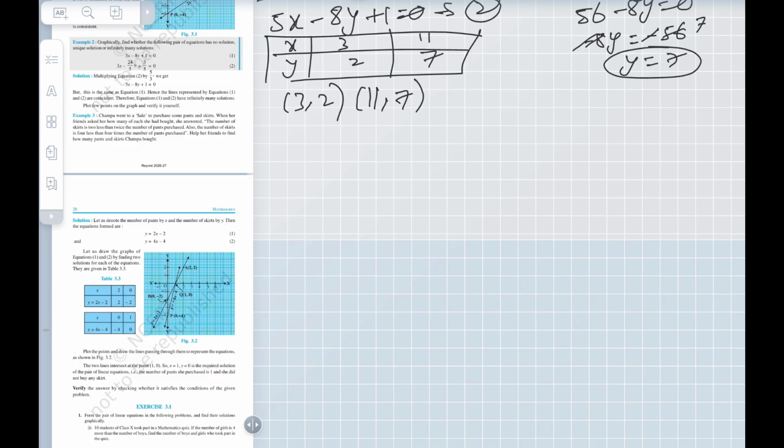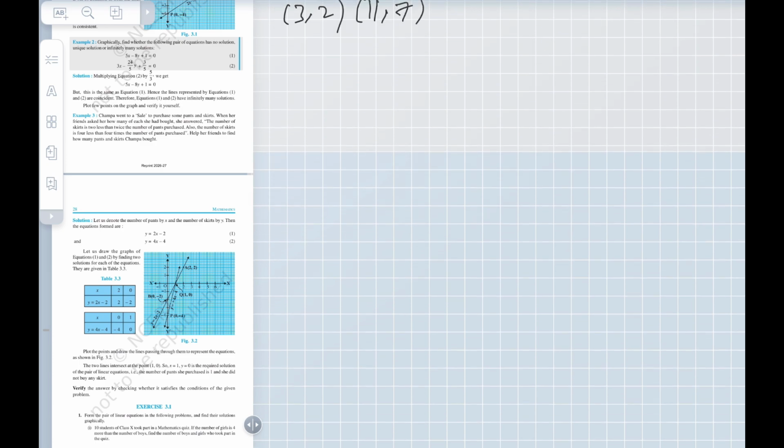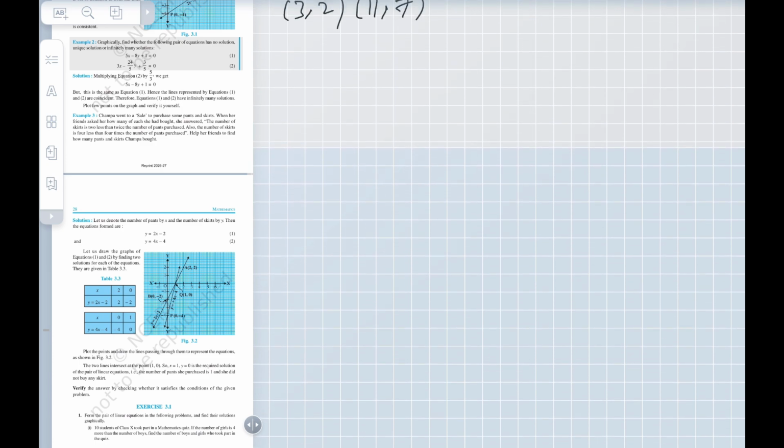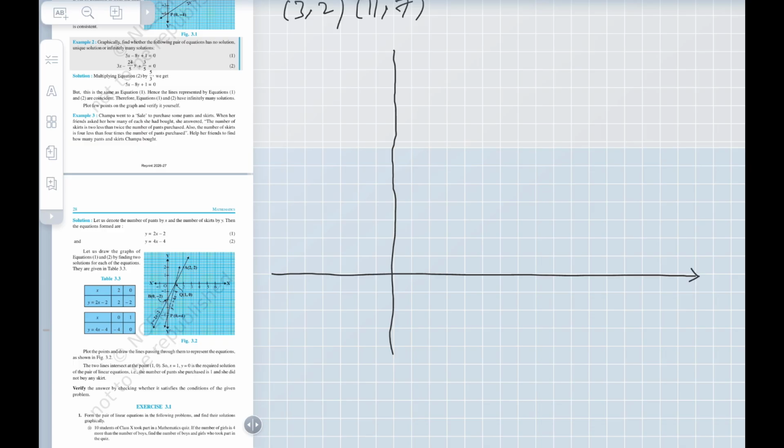So give more space to the positive side. Okay, let us draw the graph. Vertical line, horizontal line, arrow marks, intersection point 0.